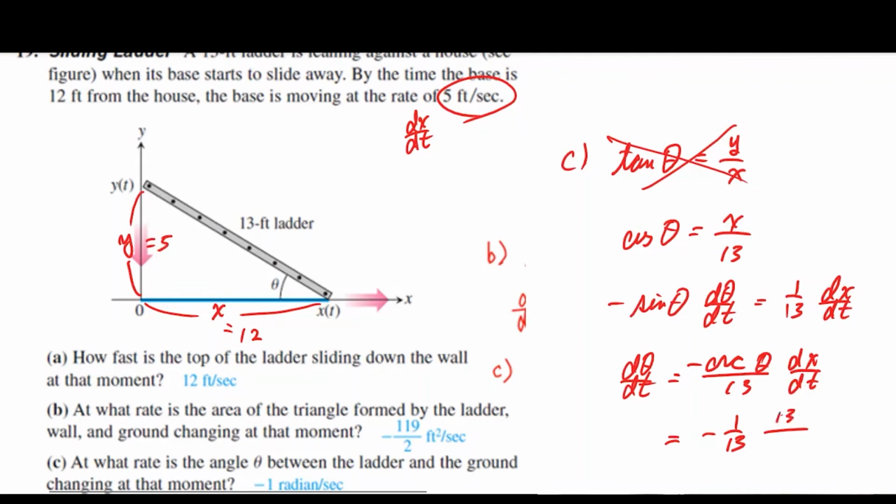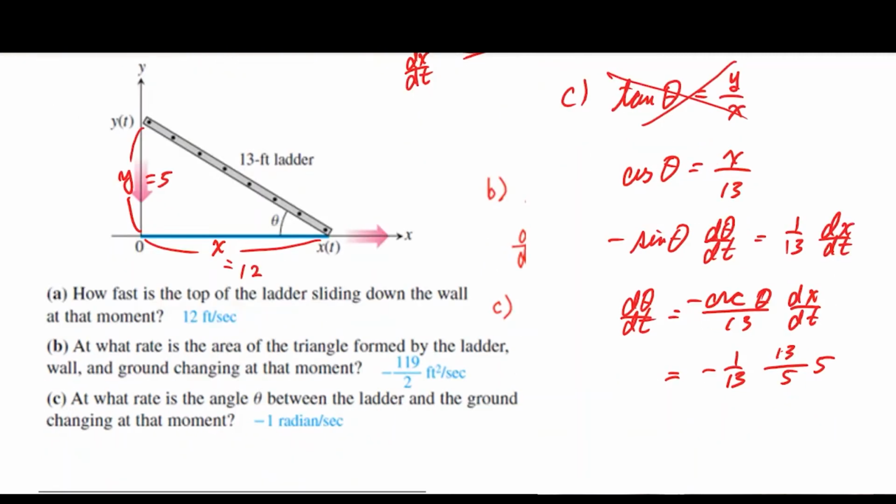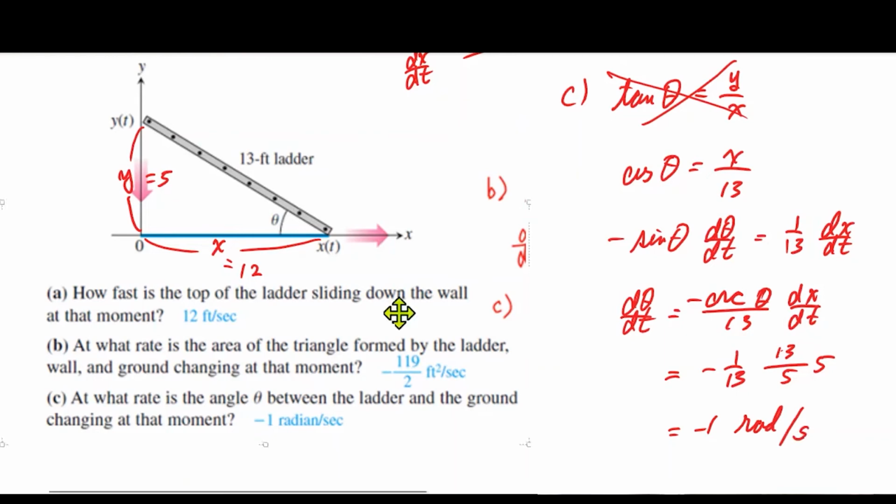So we have 13 over 5, and dx dt is 5. You get it? And you get negative 1. And what's the unit? Radians per second. Radian is really a fictitious unit. If you kept the units, everything cancels out, other than per second. But engineers invented this, radians per second. Good.